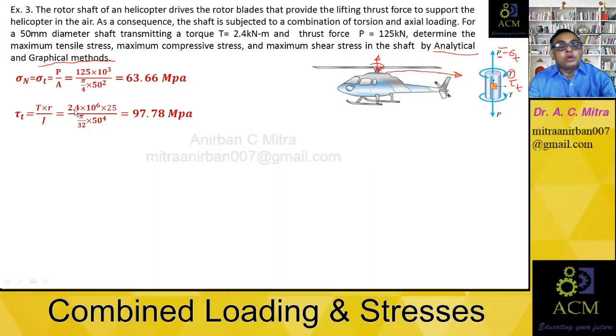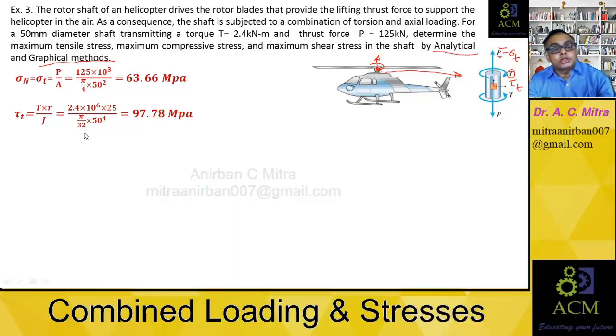So first kilonewton to Newton multiplied by 10 raised to 3 and again meter to mm multiplied by another 10 raised to 3. So it will be 2.4 into 10 raised to 6 into R, as the diameter is 50, so R is 25. Polar moment of inertia of the solid shaft is pi by 32 into 50 raised to 4. So the answer is coming 97.78 megapascal.